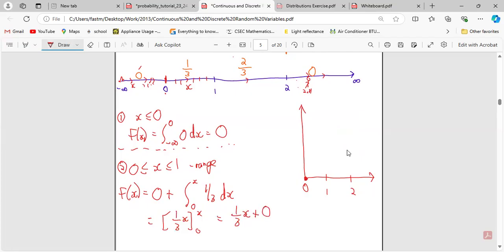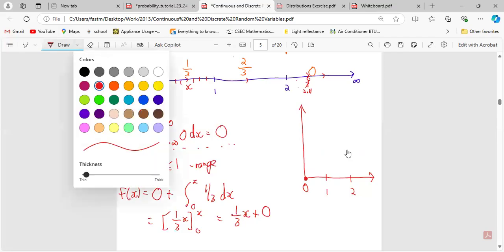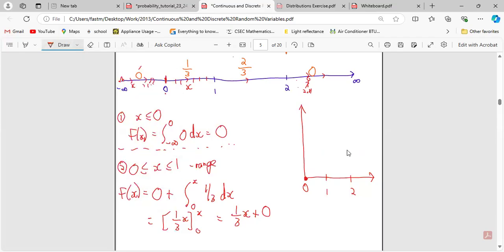And that is the equation of a straight line, y is equal to mx plus c. So you have a positive gradient and a y-intercept of 0. So between 0 and 1, your line will be 1/3 x. So you'll draw it up.